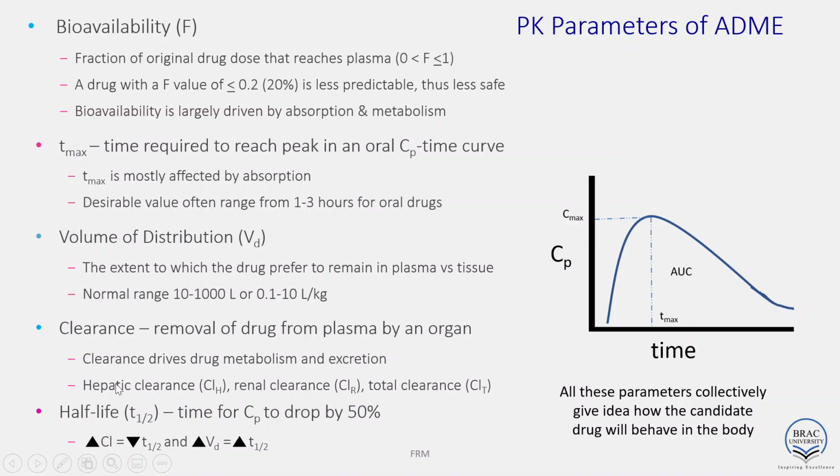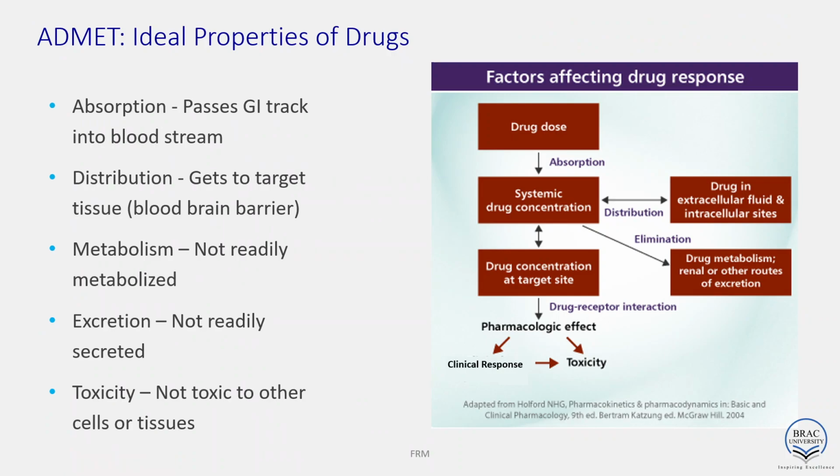So going to the next slide. We all have some ideal properties that we want from our lead candidate, lead compound. Our lead compound must cross the GI tract so that it can come into the blood, and it also needs to stay in the body after it has reached the plasma.